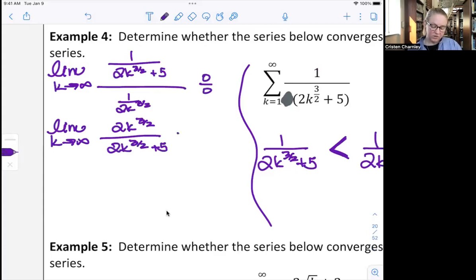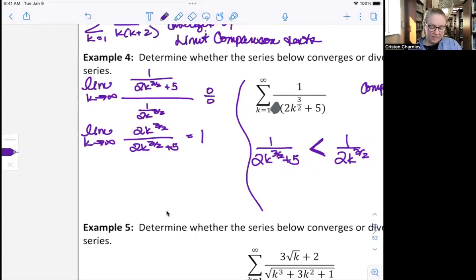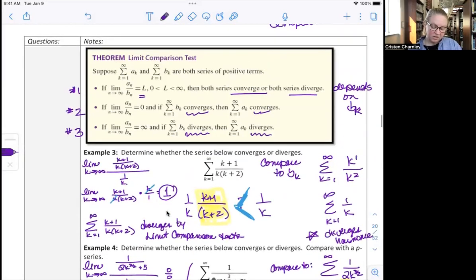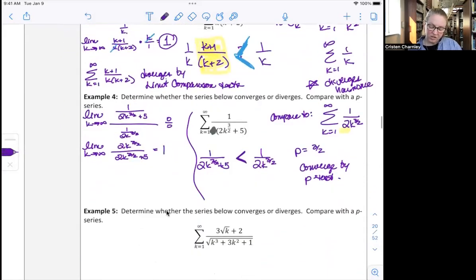They would cancel out with the 2's. We're left with 1. This takes us back to that first situation, that either both series converge or both series diverge. Well, we said that the one that we're comparing to, the B series, is convergent by the p-test. So therefore, this is also convergent. So say the sum from k equals 1 to infinity of 1 over (2k^(3/2) plus 5) converges by limit comparison.